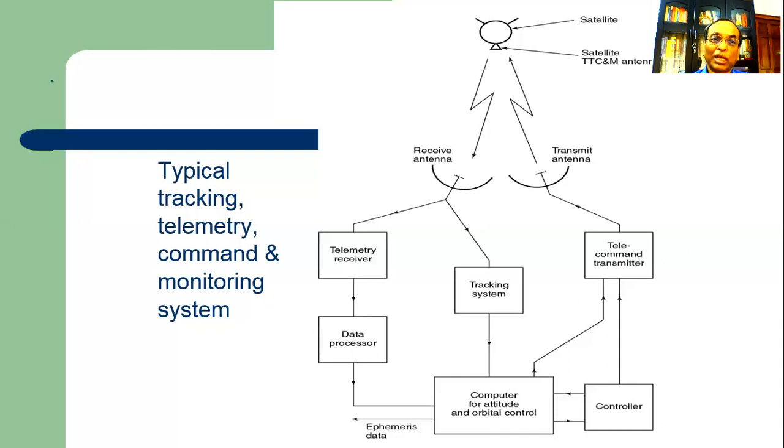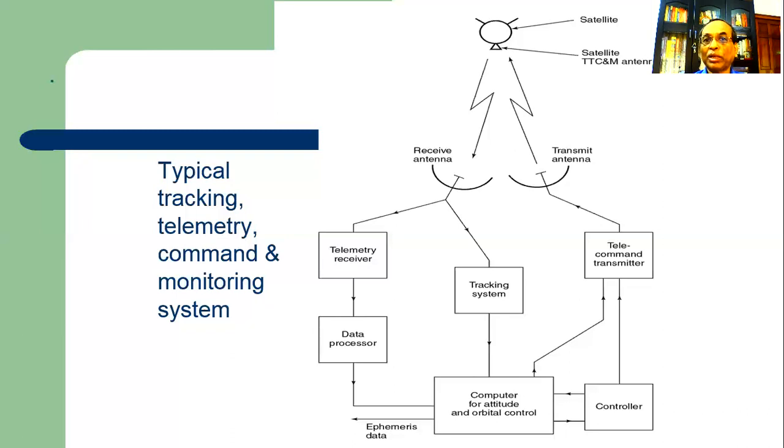So this is the process by which the satellite health, satellite position, everything will be maintained by the tracking, telemetry, command and monitoring system. It is bidirectional signals.